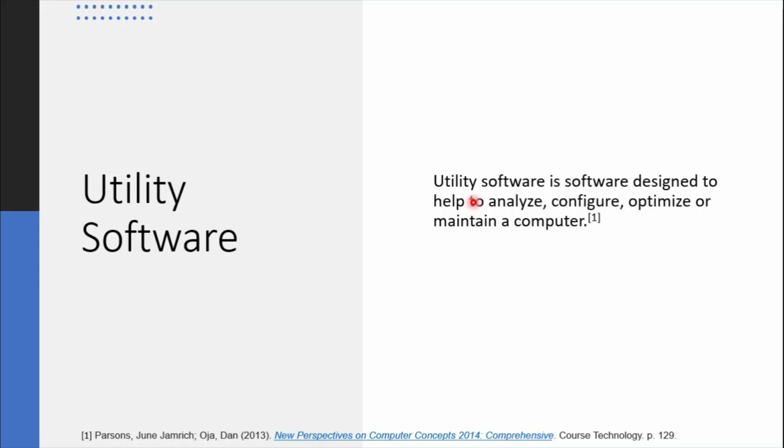Clear? So now, what is a utility software? It's software that ships with or is contained in the operating system by default, with the purpose of analyzing, configuring, optimizing, or maintaining a computer.